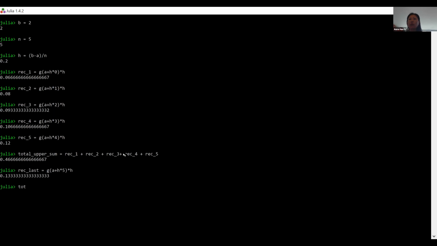So lower sum is, I'm gonna do rectangle last plus rectangle 5 plus rectangle 4 plus rectangle 3 plus rectangle 2. I'm done. I'm not gonna do 1 because 1 belongs to upper sum only. So you get this.